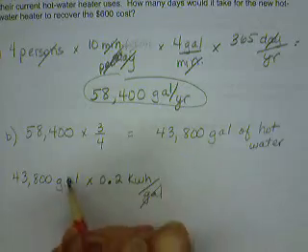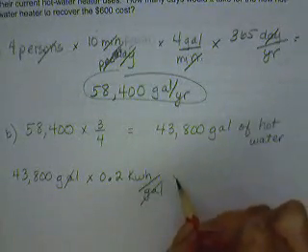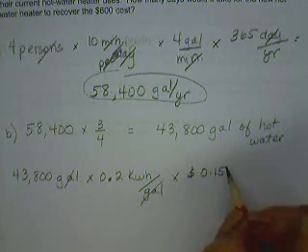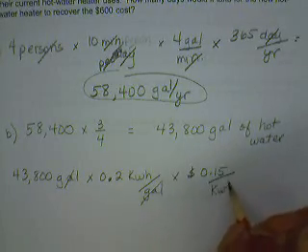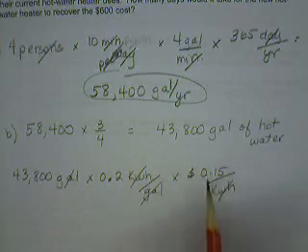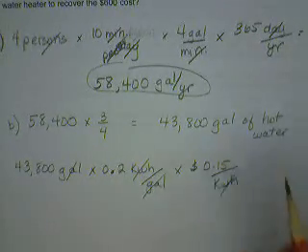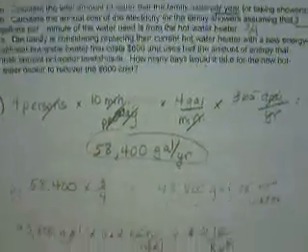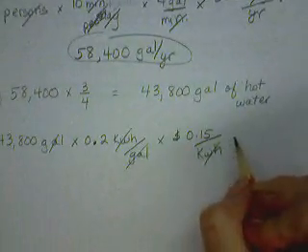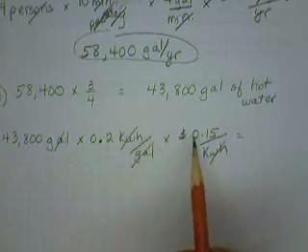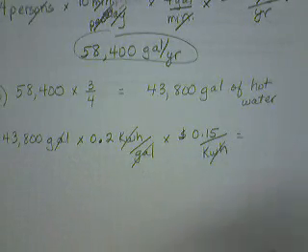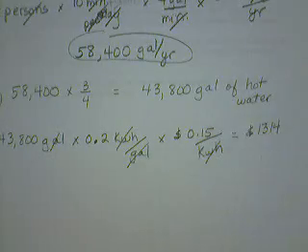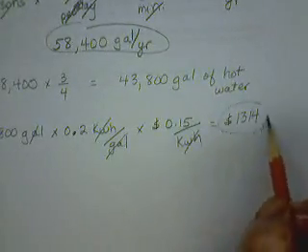So now we know our gallons cancel out, so that's a good thing. Times 15 cents per kilowatt-hour. Now our kilowatt-hours cross out, and all we're left with is dollars, which is good because it asks us up here what's the cost. So when we multiply this whole thing out, we end up with $1,314, and that's our answer.